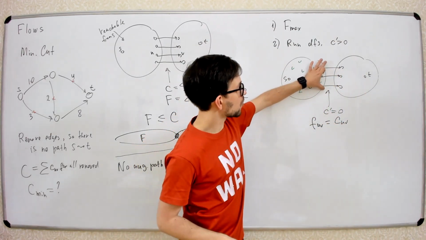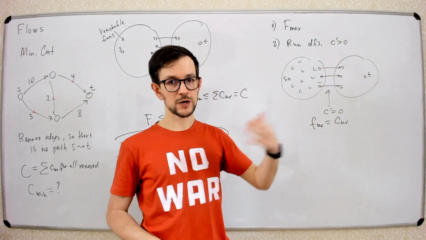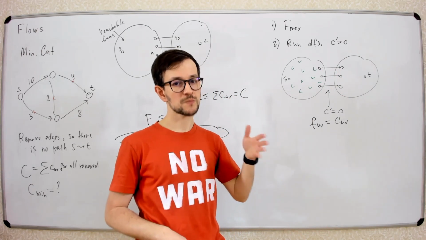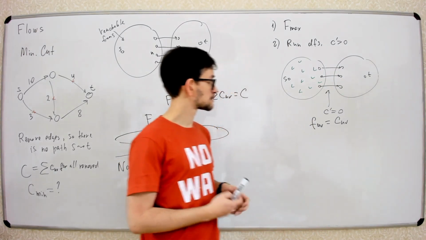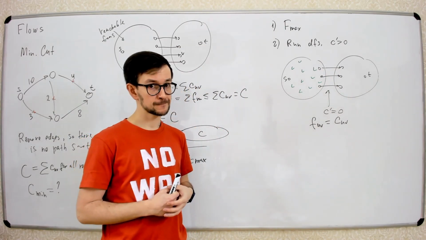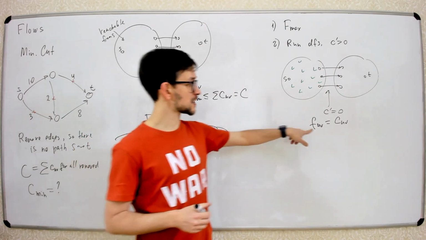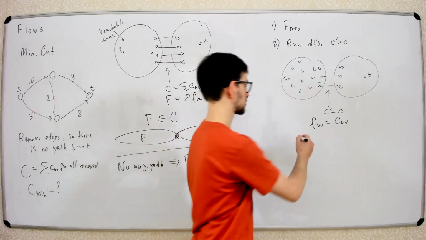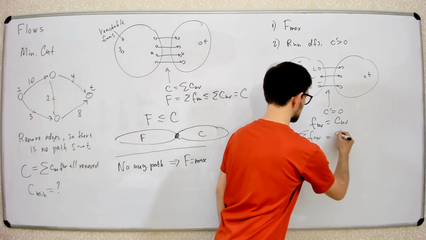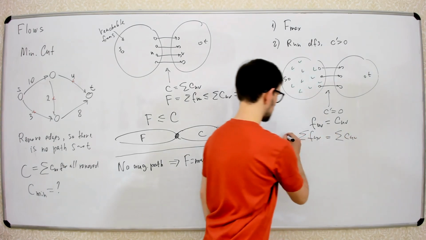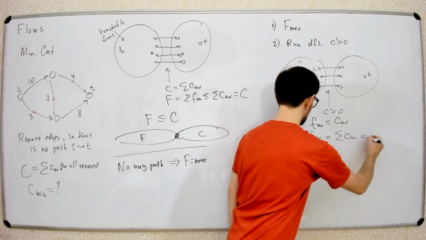For all these edges, the flow equals the capacity, so they have the maximal possible flow. Now we just take the sum of this. The sum of all F's will be the same as the sum of all C's. This is the value of the flow, this is the value of the cut, that's all.